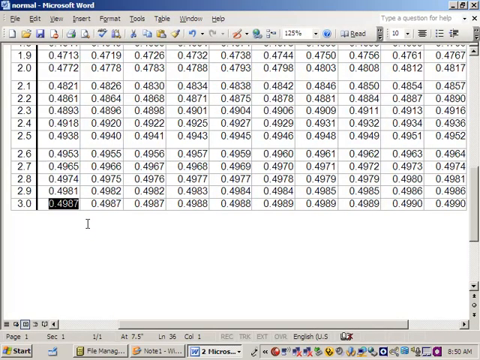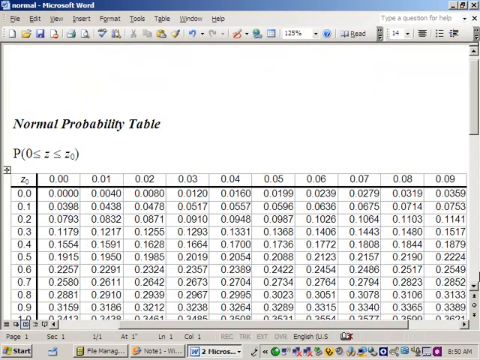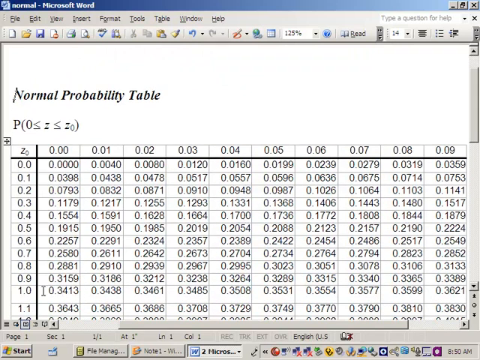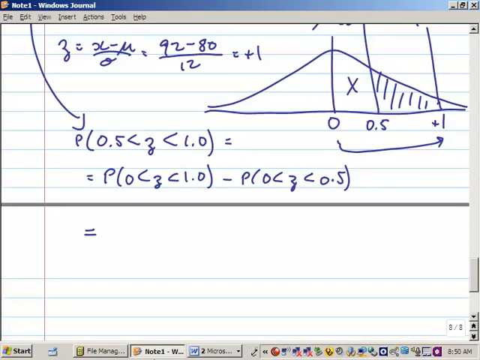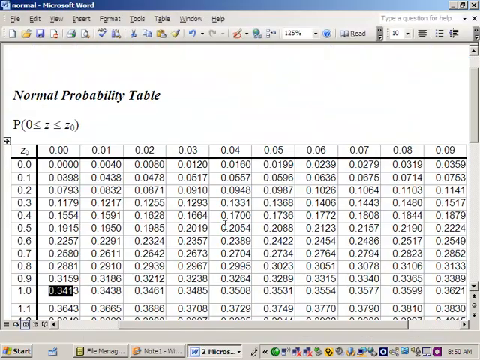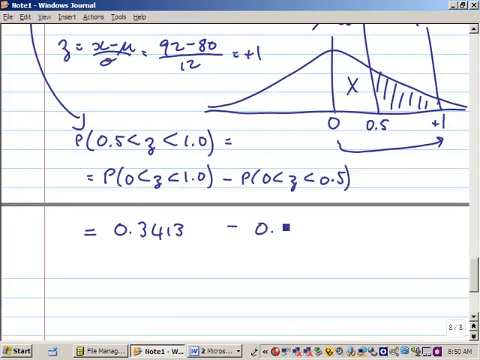Okay, go to our tables. 0 to 1 is the 0.3413, minus, and then the area or probability between 0 and 0.5 is 0.1915. And my calculations, if I'm correct, tells me that that's 0.1498, very close to 15%.